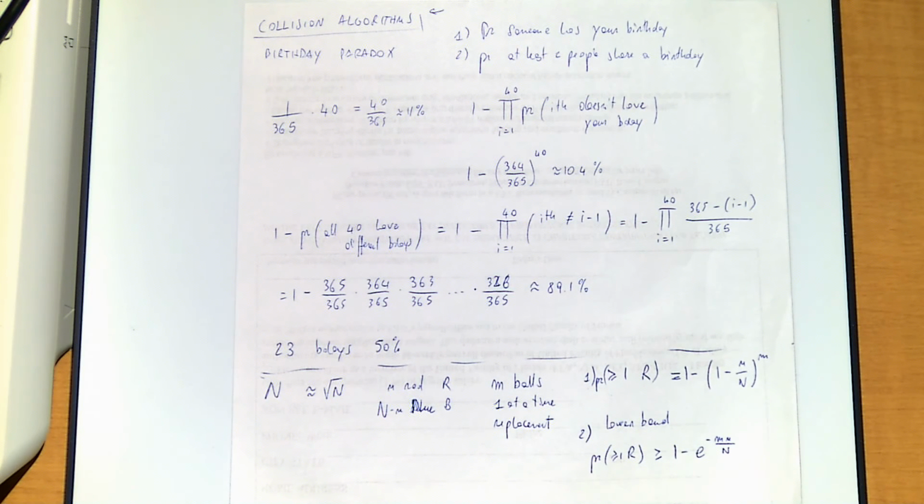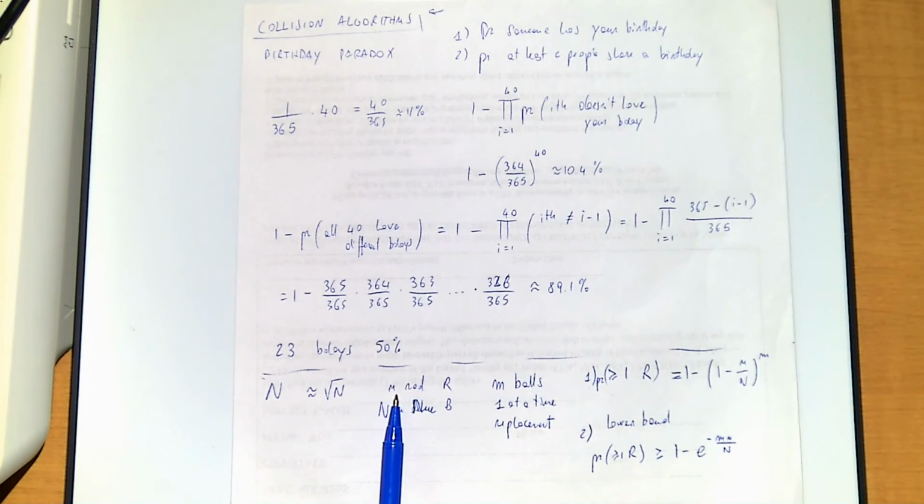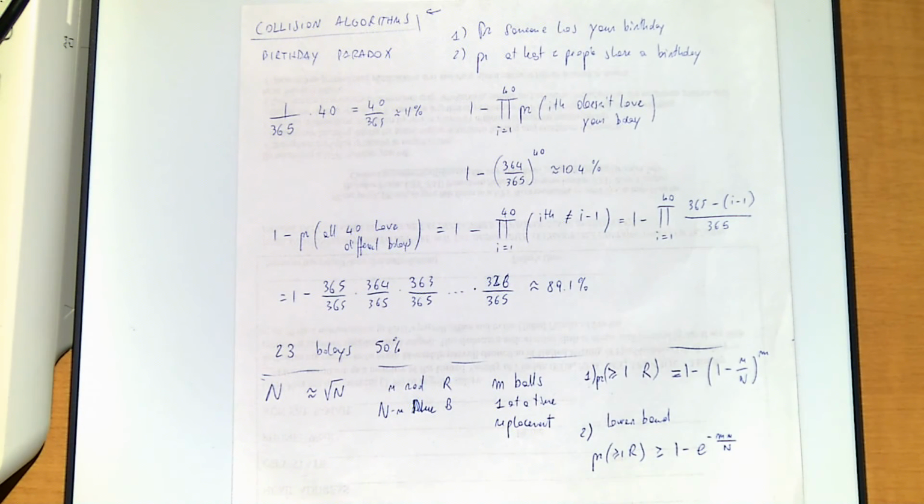So yeah, basically the idea is this: each time you select a ball, you have n over big N chance of getting a red ball. So you would think that you do this m times, and then the calculation is pretty easy. But of course, if m is very large, then this will take you to a probability that is bigger than 1, right? So it cannot be.